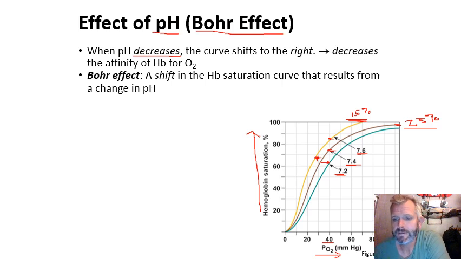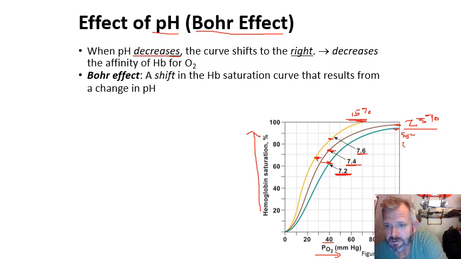Okay, here we've got 7.2. Say we're up here at roughly 95% saturation. And when we get to 40, where are we? We're at probably about 62.